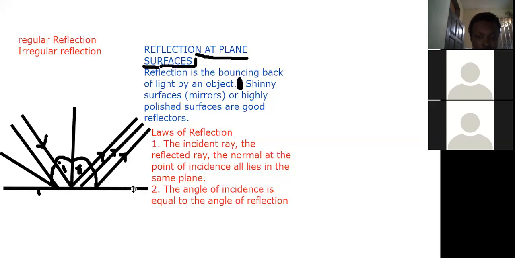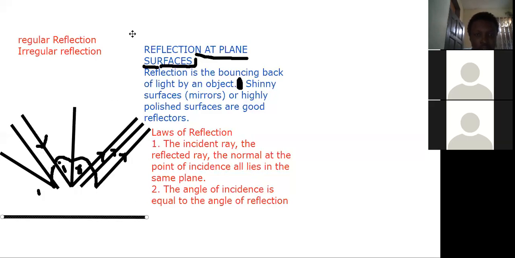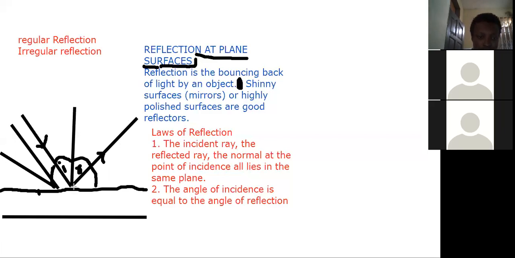And the surface is rough. When that happens, you may get them scattered, the reflected ray.